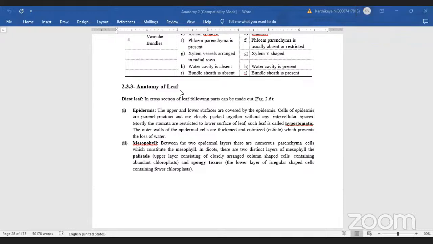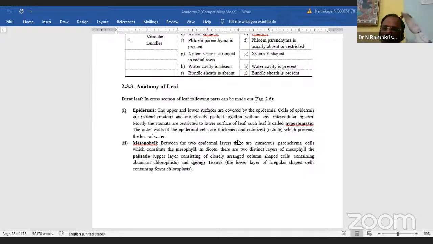No, sir. You don't know the onion leaf? Is it isobilateral, sir? No. Isobilateral means both sides are the same, as in the eucalyptus plant. The round, circular, rolled leaf is there: here, the onion leaf. Okay, sir.